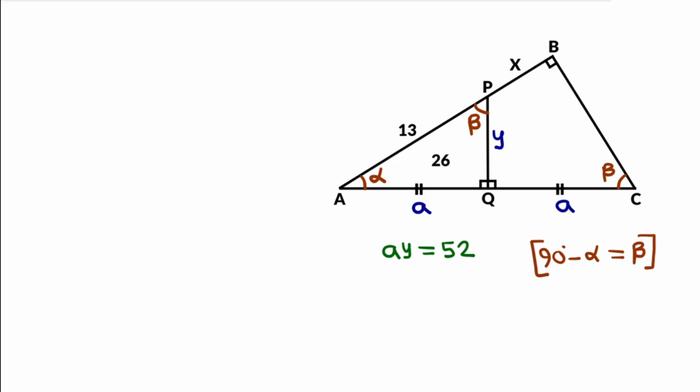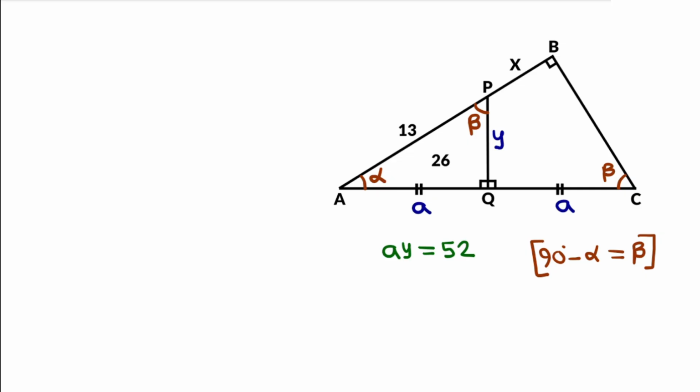The hypotenuse of the large triangle is the entire base AC. But AC is made of 2 equal pieces, A plus A. So the hypotenuse is 2A. The hypotenuse of the small triangle is 13. Now let's compare the sides opposite angle alpha.